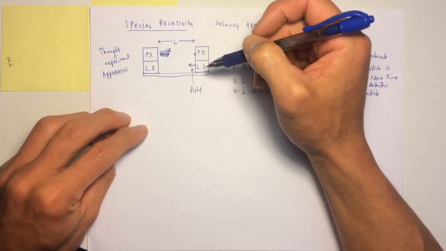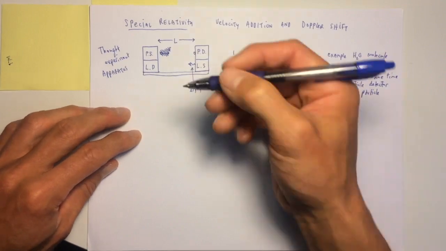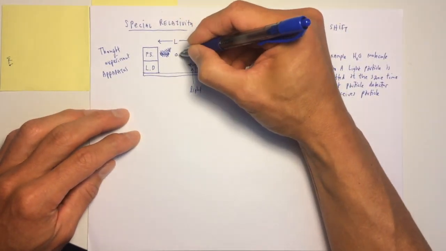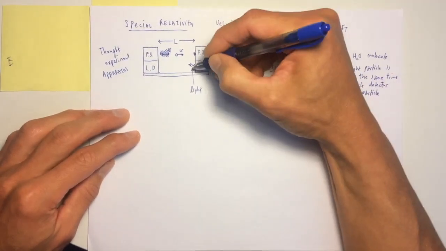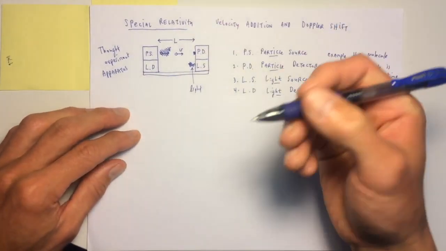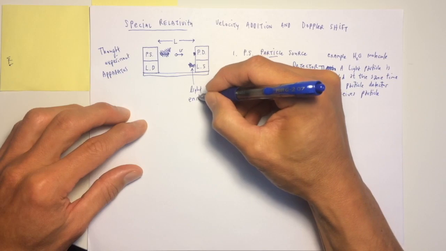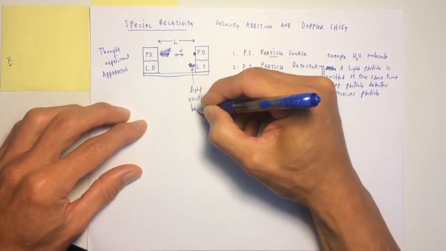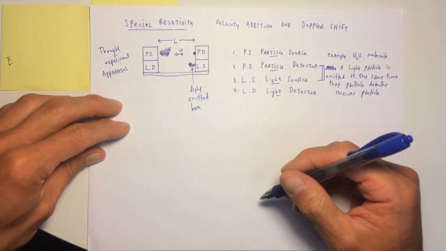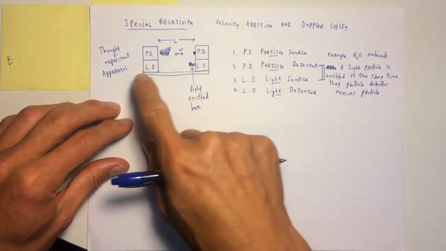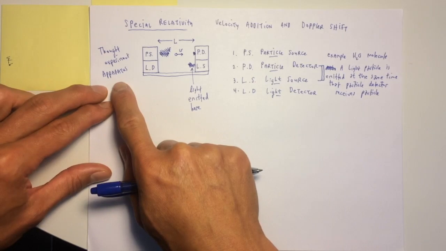Separation is given by L. Okay, so let me redraw this particle in the middle somewhere, traveling at the speed v, and I'll take away this. So light emitted here, or something like that. Anyways, I think you can see how this plays out. So this is the new thought experiment apparatus.